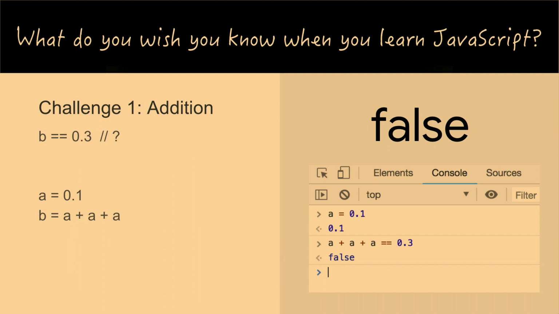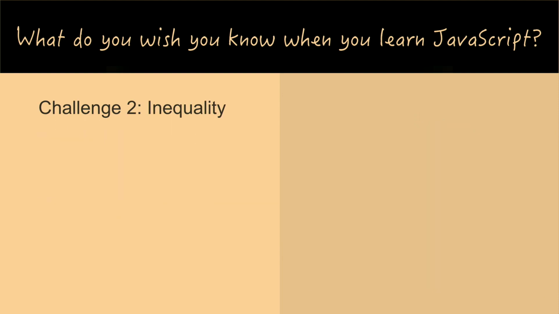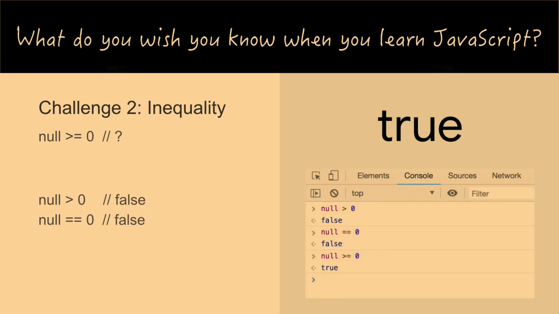You can check it out in the browser console. And the second challenge is inequality. We know now bigger than 0 is false, and now equals 0 is false. So what's the result of now bigger than or equals 0? False? True.